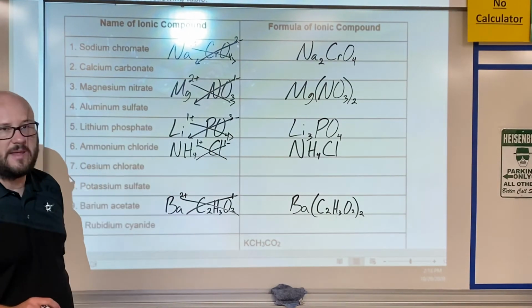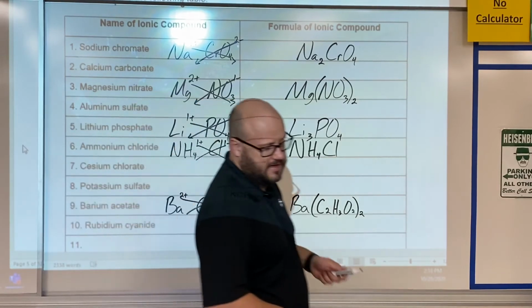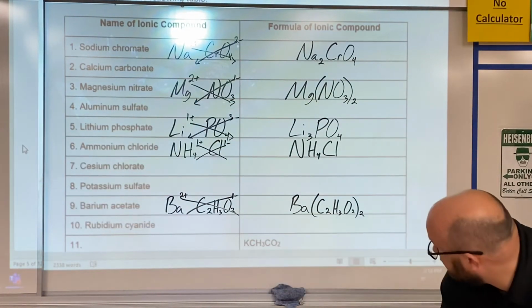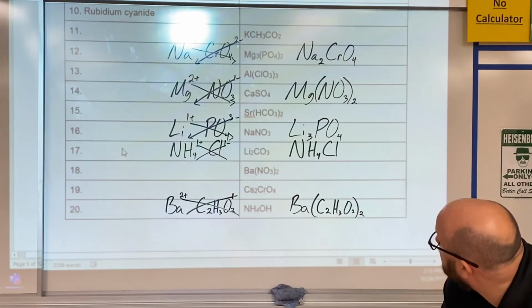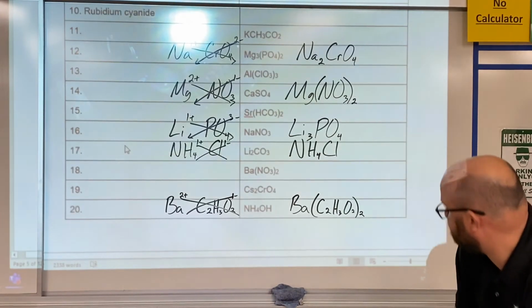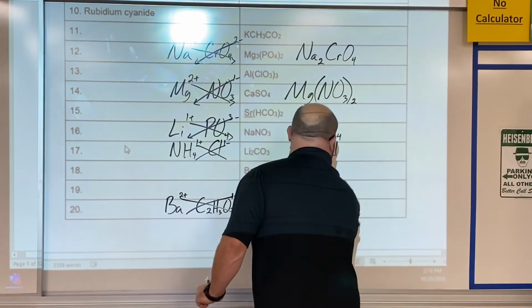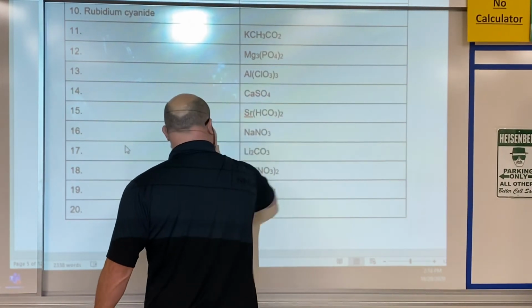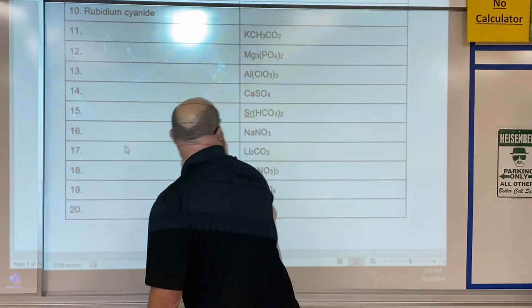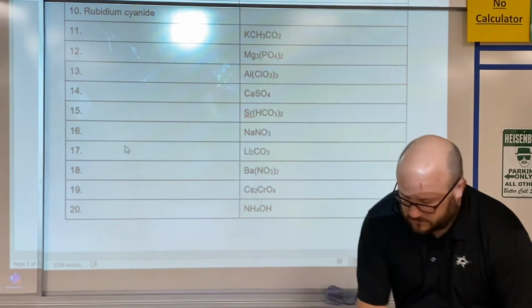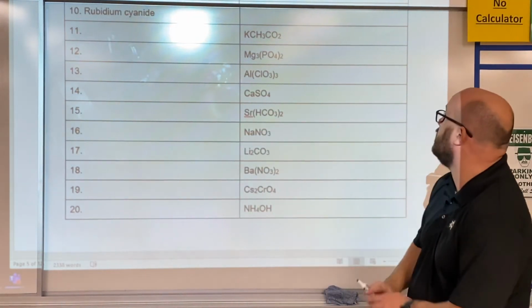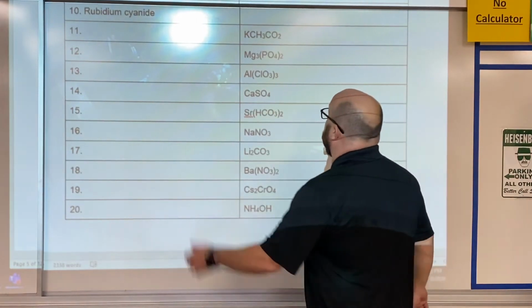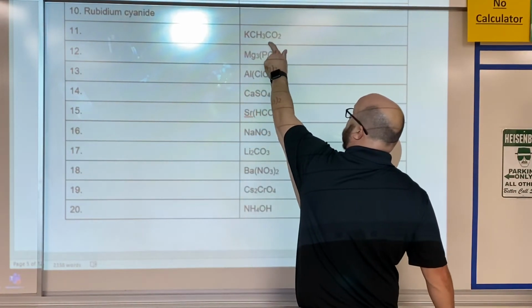Let's look at naming, and I have a feeling you'll like naming much more than formulating. All right, KCH3CO2.